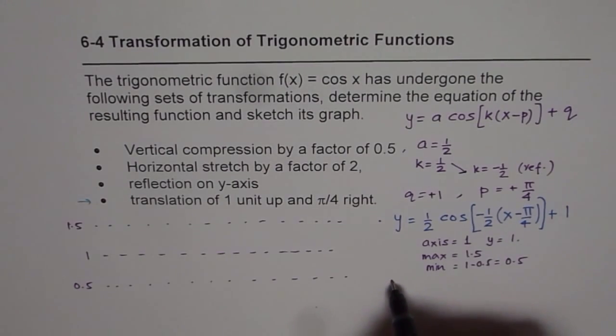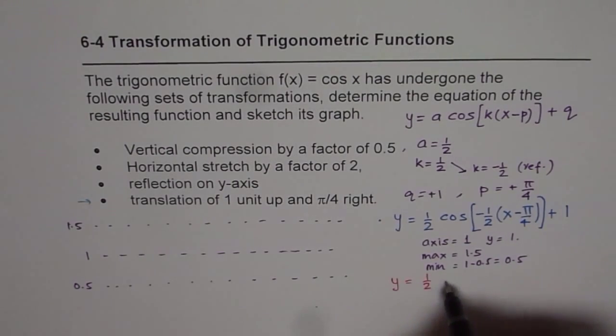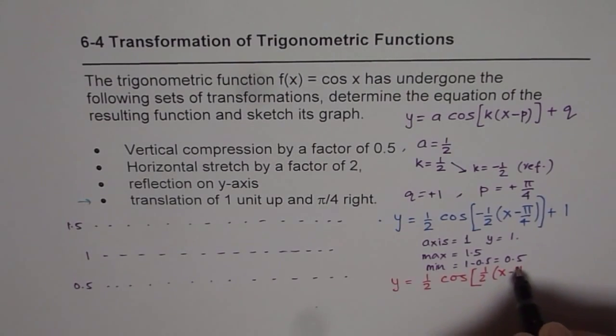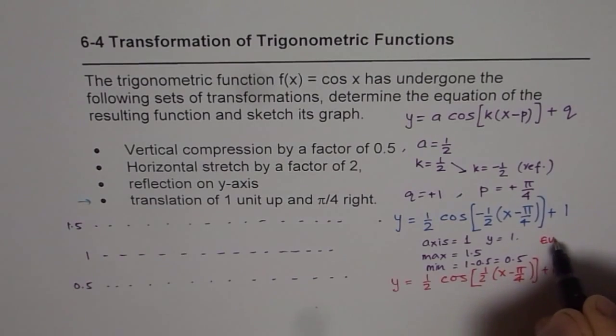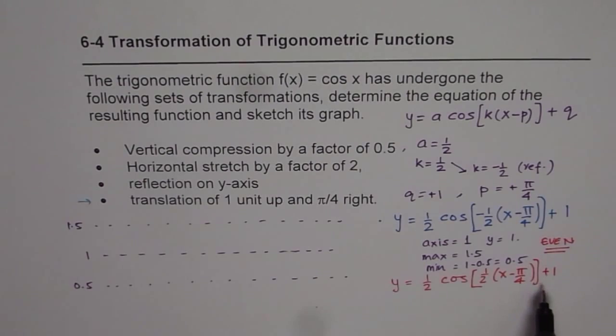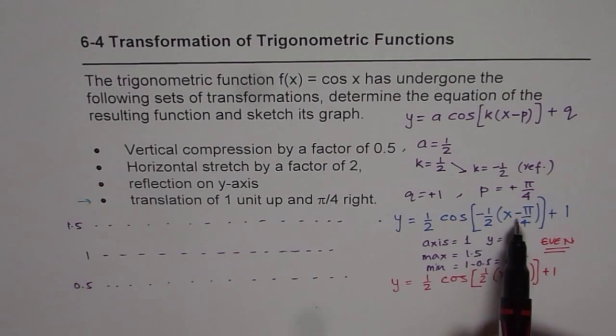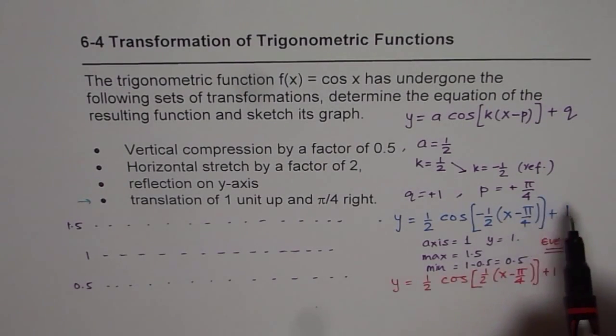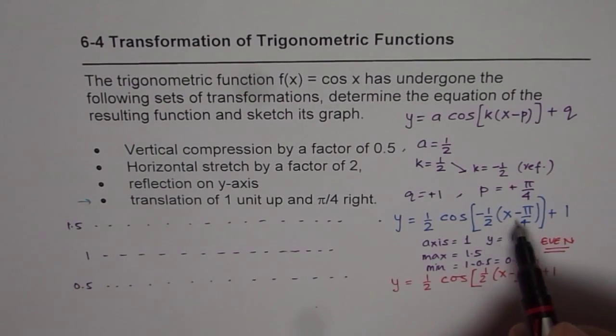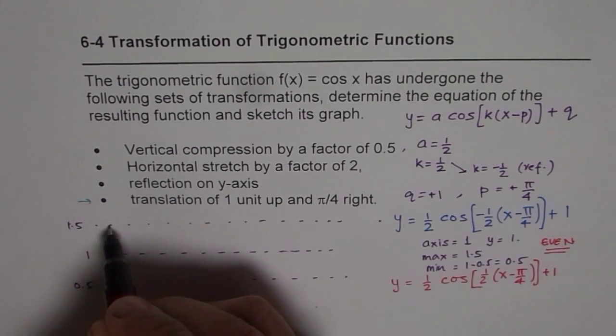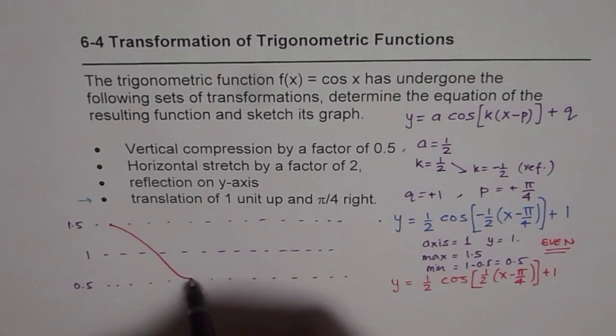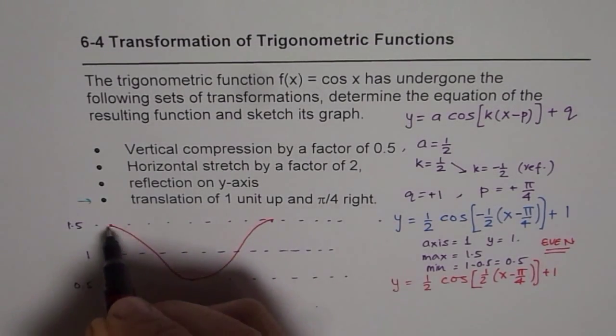So I can write this as y equals half cos of half x minus pi by 4 plus 1, since cos is an even function, okay? So cos of minus x is cos of x, right? That is what I'm taking advantage of, right? So basically we will have a function which could be drawn like this. This is cosine function. Do you see that? Oh man, this is not so nice a graph.